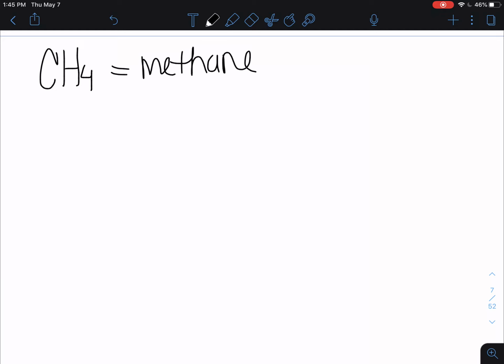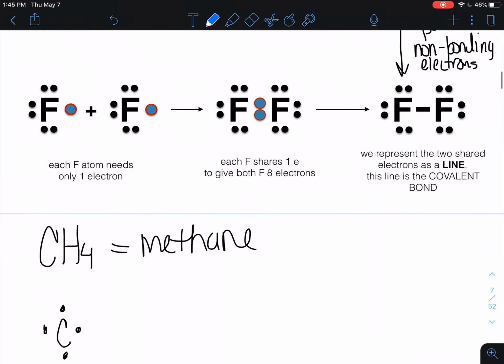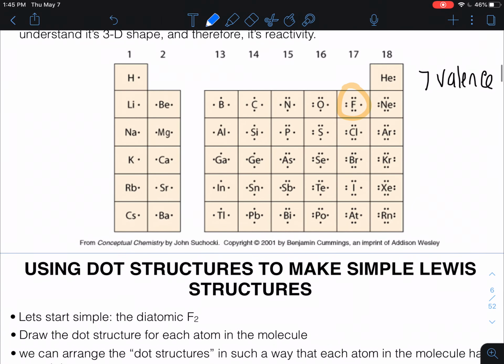At first, you have to understand there's one carbon atom. The one carbon atom has 4 valence electrons. You can see here, carbon, 4 valence electrons. And there are 4 hydrogen atoms.